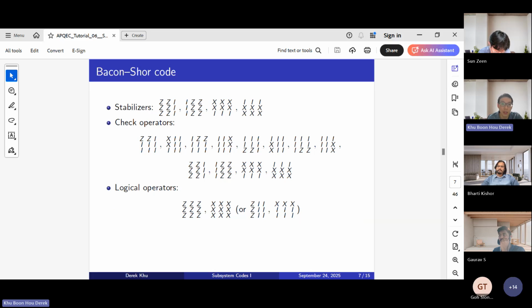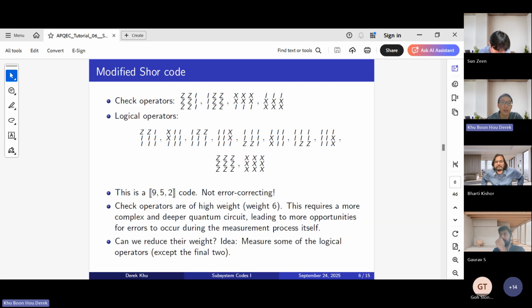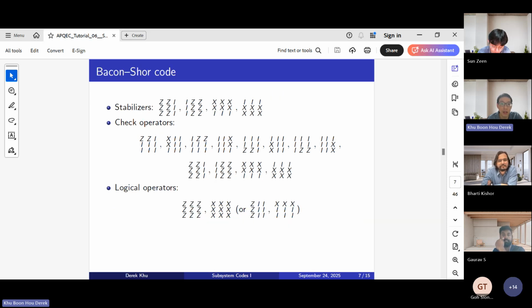The actual check operators we want would be: we will add in the logical operators from before. Remember we said that instead of letting these be logical operators, we would add this into our list of checks. So we would measure this as part of our checks alongside the ones that we already are checking.